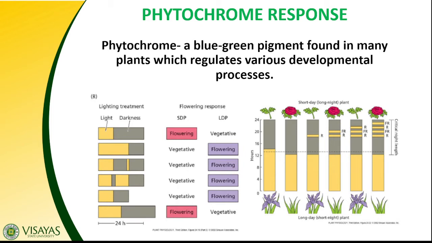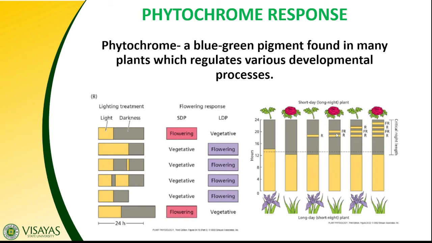Supposedly, this is inductive to the flowering of short-day plants. And the interruption of red light followed by far red light is conducive to the flowering of short-day plants, unlike in the third condition, where the red light inhibits flowering of the short-day plants.